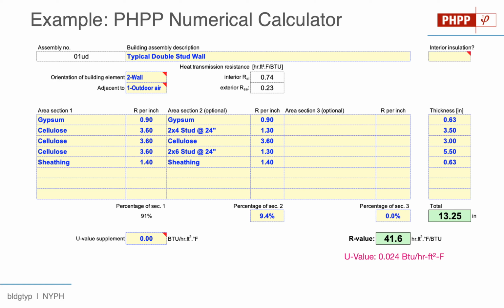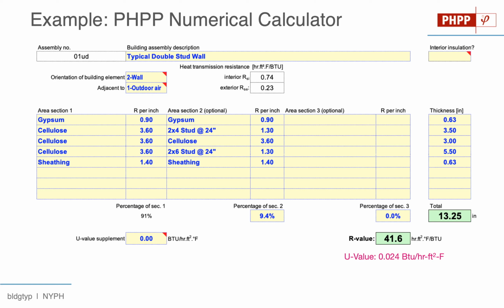Now, luckily for us, when we turn our attention to the PHPP, we're not going to have to do any of that math. All of that math, the structure of that, or both of those algorithms, is baked into the PHPP. What we're going to do is describe our assemblies to the PHPP within one or another of these numerical constructors.